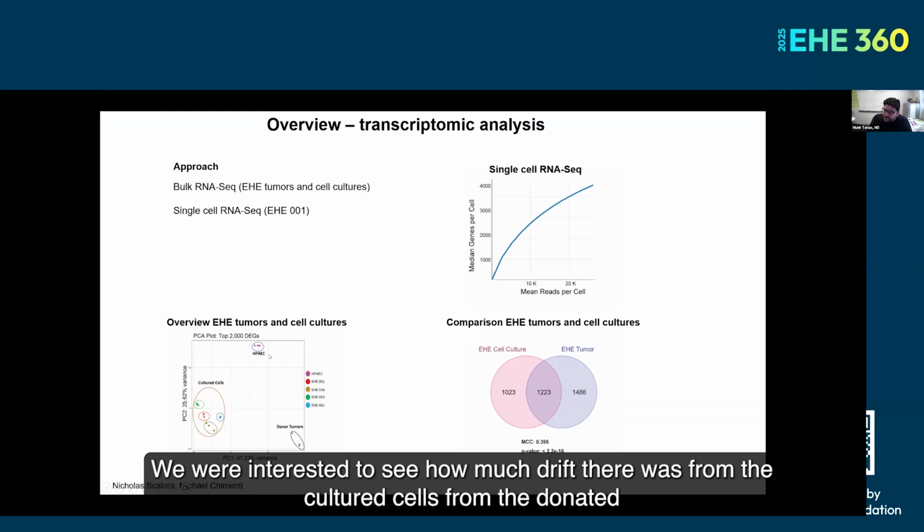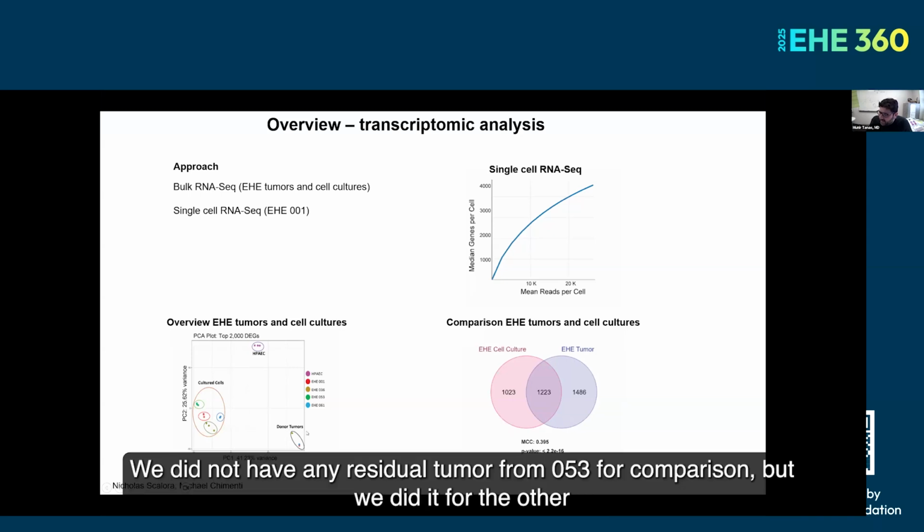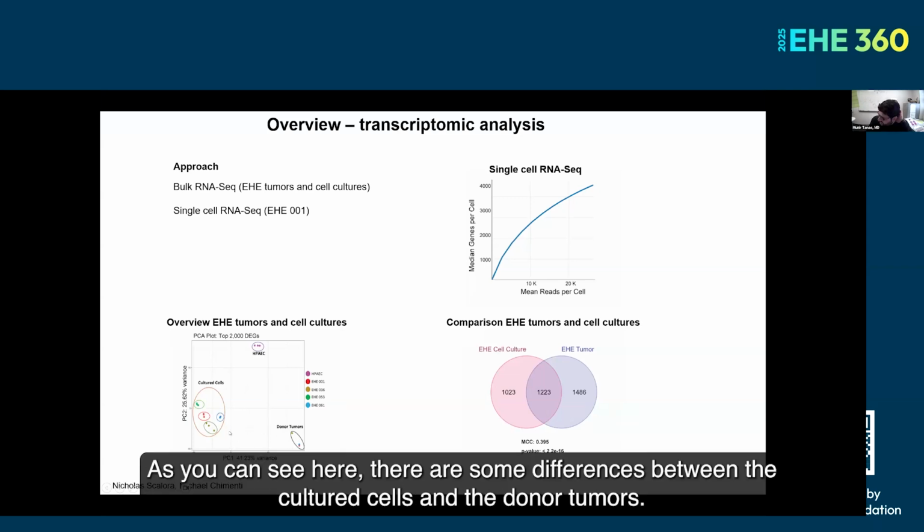We were interested to see how much drift there was in the cultured cells from the donated tumors, so by bulk RNA-seq, we sequenced both the cell cultures and the tumors that they were derived from. We did not have any residual tumor from 053 for comparison, but we did for the other 3. And as you can see here, there are some differences between the cultured cells and the donor tumors.